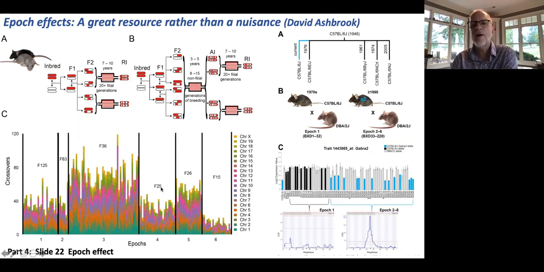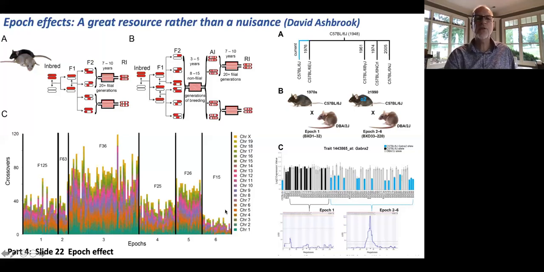The fourth epoch was just a conventional F2-derived set of BXDs that are not quite as recombinant. And then we got some advanced recombinant inbreds from Abe at Chicago when he was doing an advanced intercross of B and D. We made some ourselves. So these are a second set of AI-derived BXDs.